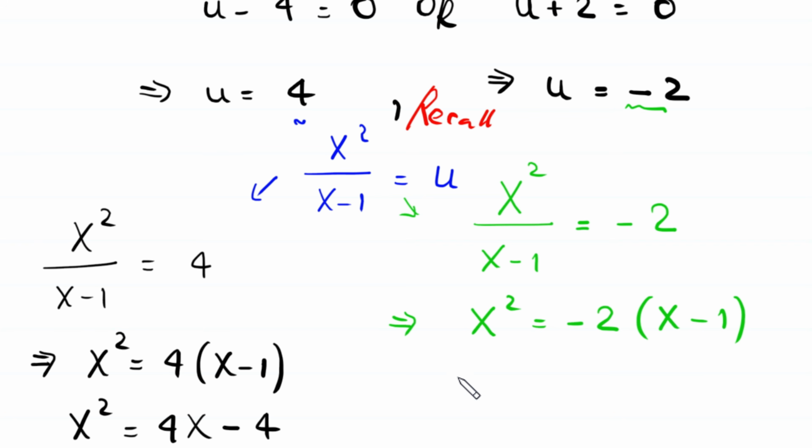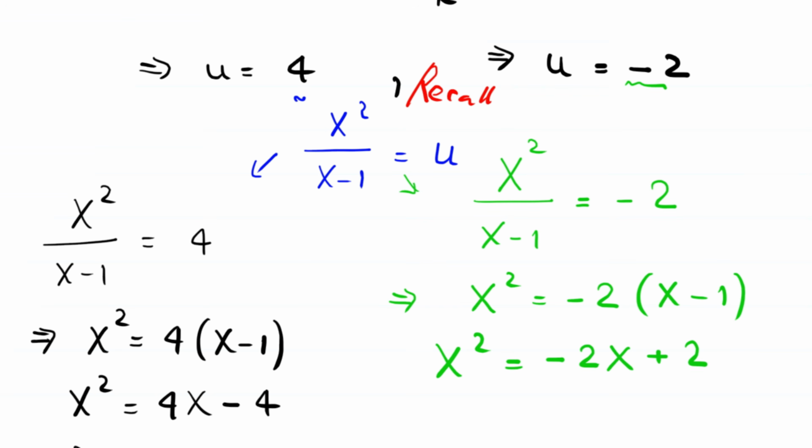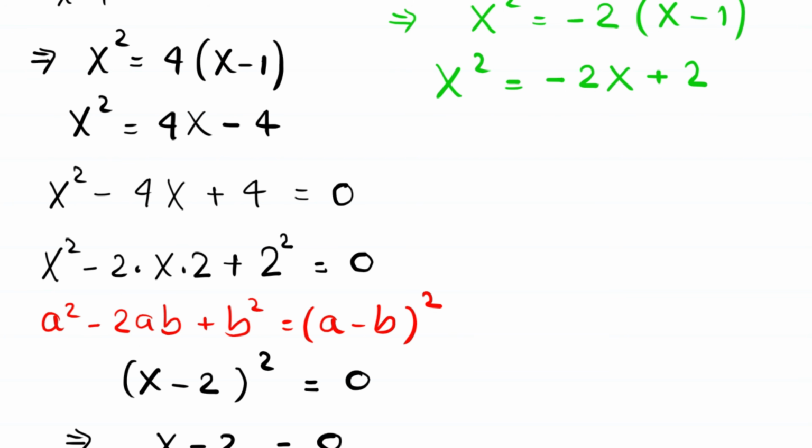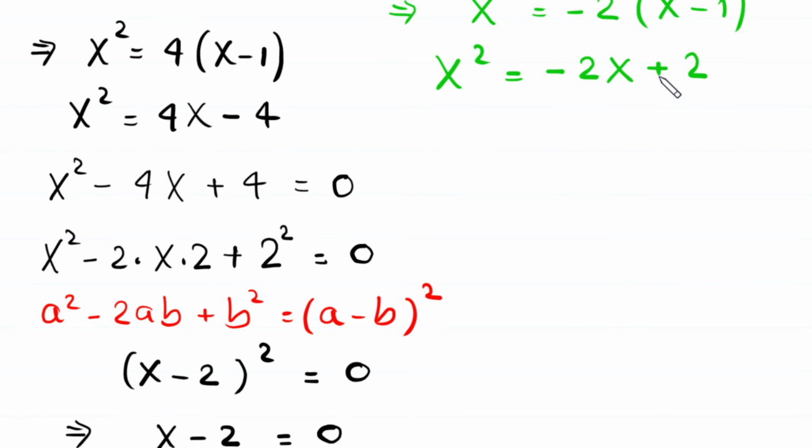Further simplify, this will become x squared equal to negative 2x, and negative 2 times negative 1 will become plus 2. Move these two terms to the left hand side. This will become x squared plus 2x minus 2 equal to 0.